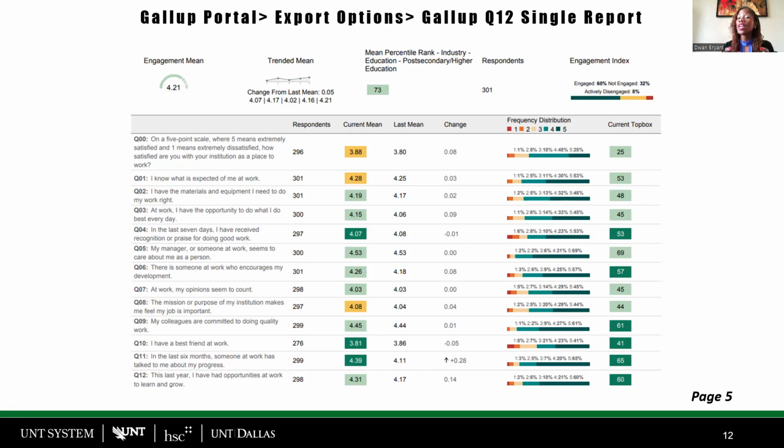So if you have 3 team members plus yourself, you will not receive a report. Now, managers with less than 4 direct reports who have 4 or more team members in their reporting structure who complete the survey will get a roll-up report showing results of respondents who report to them through different managerial levels.